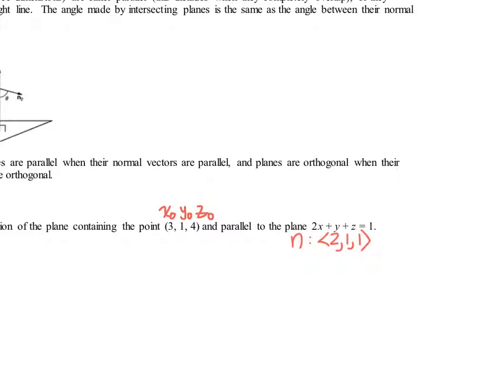Now these points would not satisfy this equation. And if I plug in 3, 1, 4 here, I'm not going to get 1 as a result. So what I need is a new d value to represent the plane that is parallel to this. All right, so my new plane is going to be 2x plus y plus z equals something other than 1.